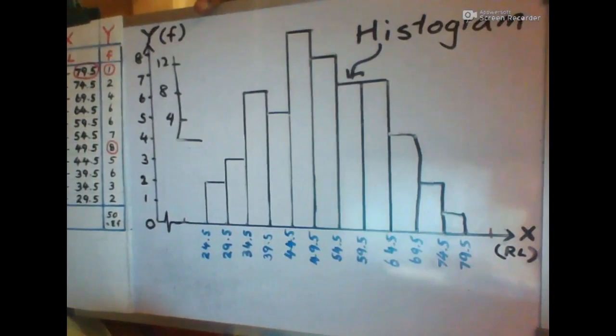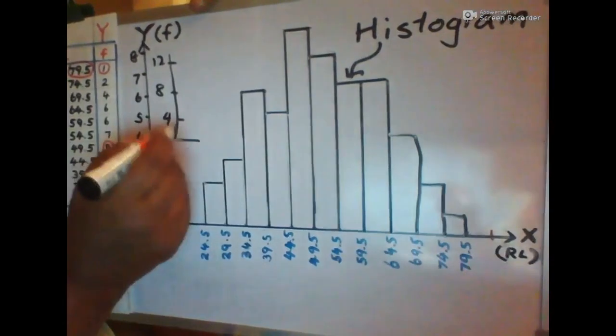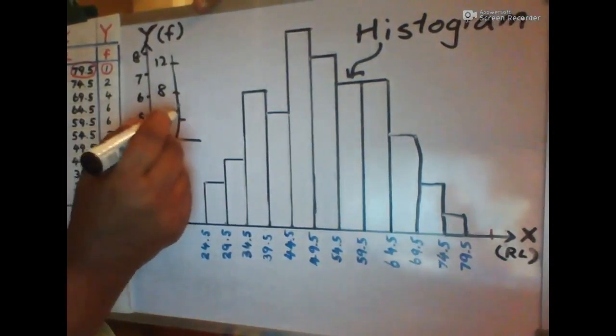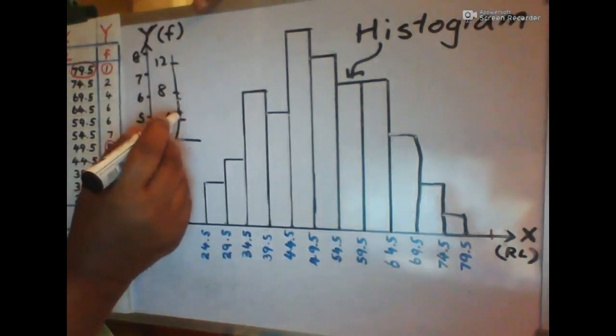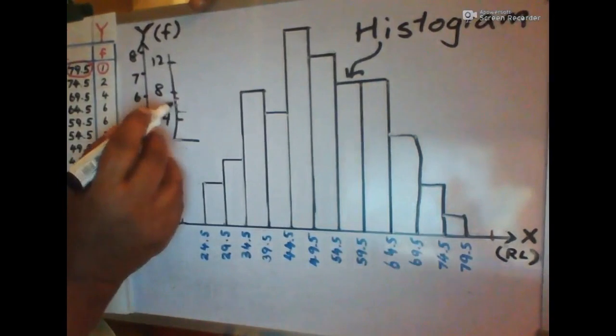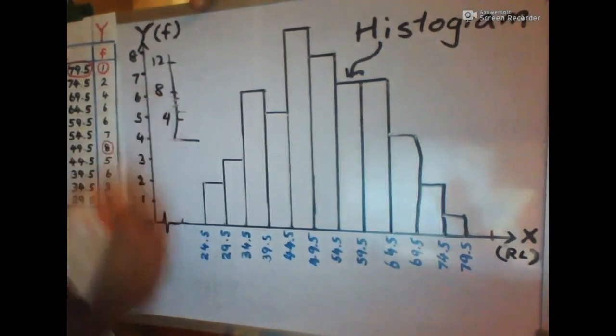Why? Because if there are 5 students, it's easy. This is 4, half, that is 6, this one is 5, right? If there are 7 students, 5, 6, 7.